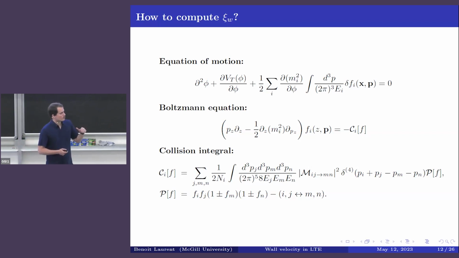I also proposed a new spectral method to do that last year in a paper. And I know that the group here in Florence has also developed a method to do exactly that calculation, to solve this Boltzmann equation.